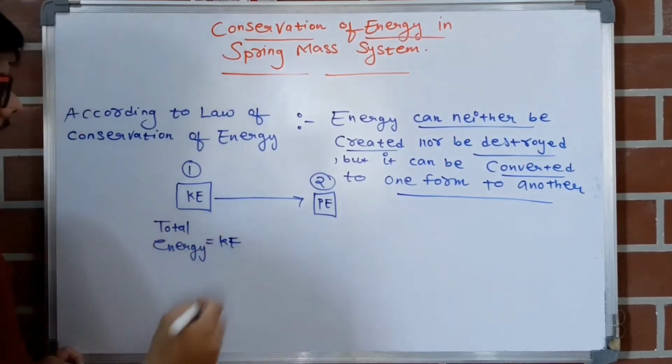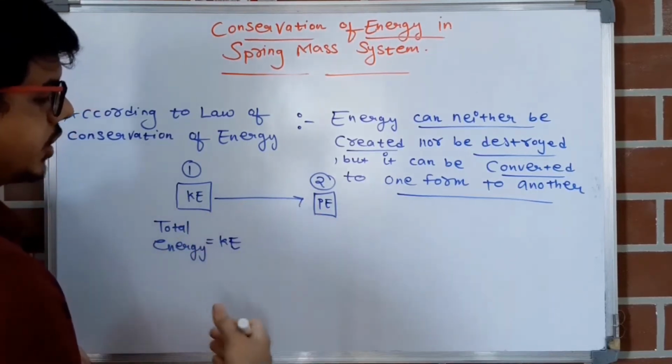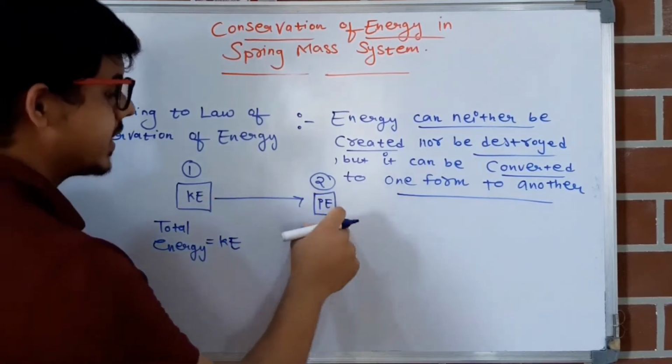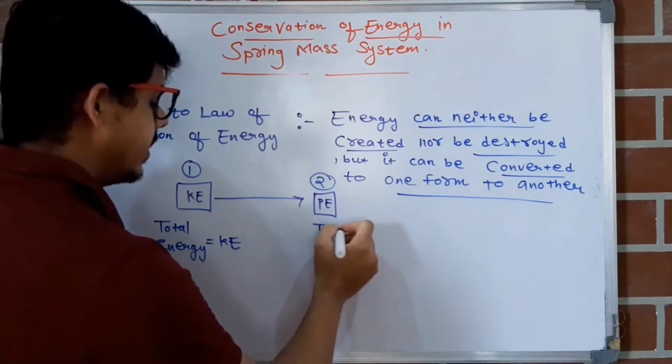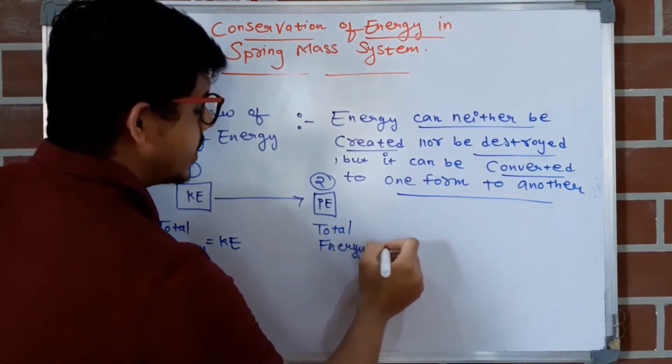Now when it undergoes motion due to some forces, the energy in the body is converted totally into potential energy. So at this state the total energy is the potential energy.